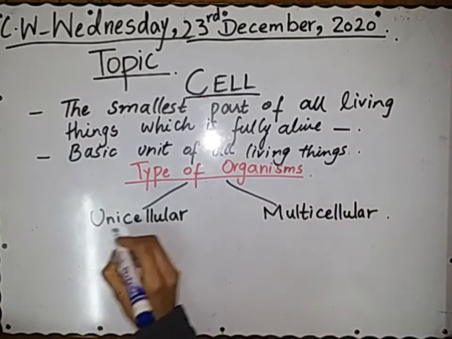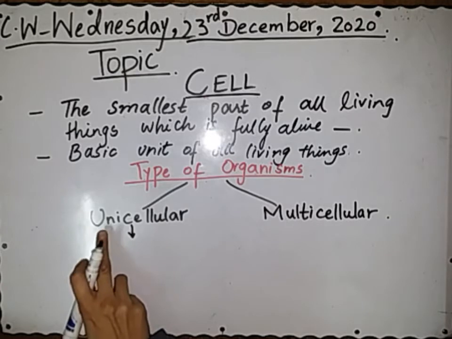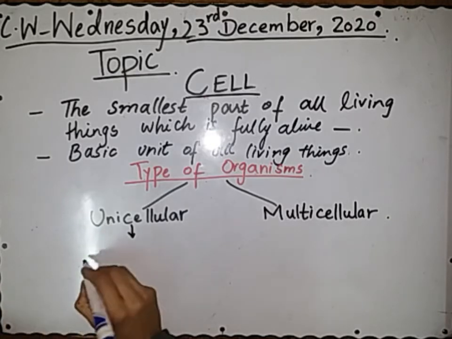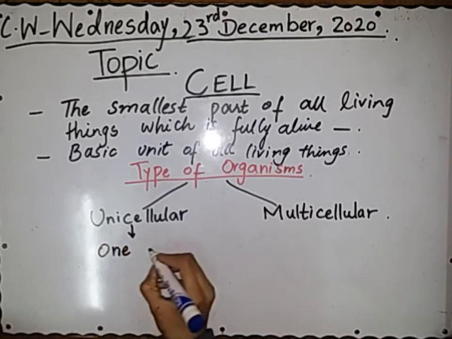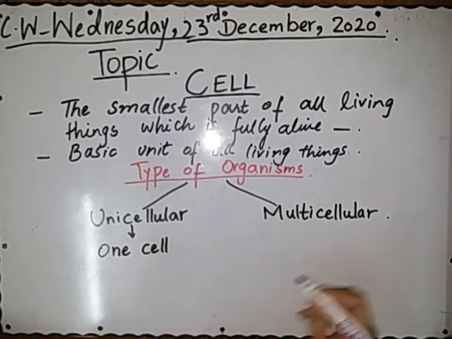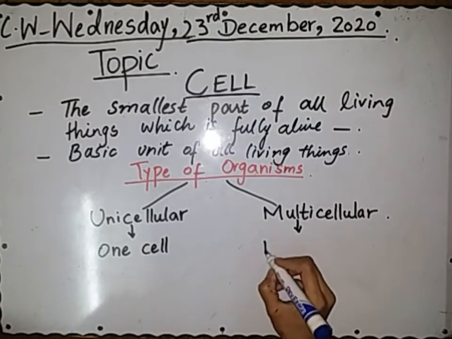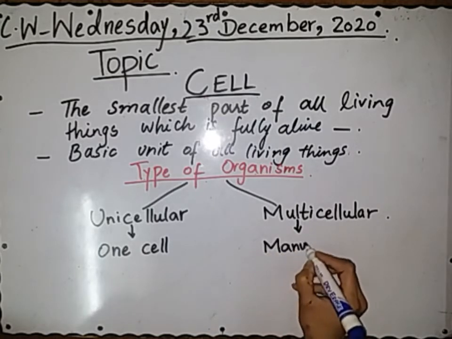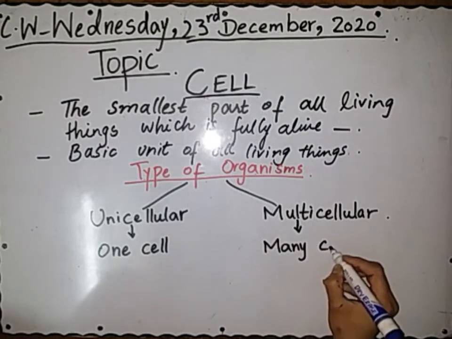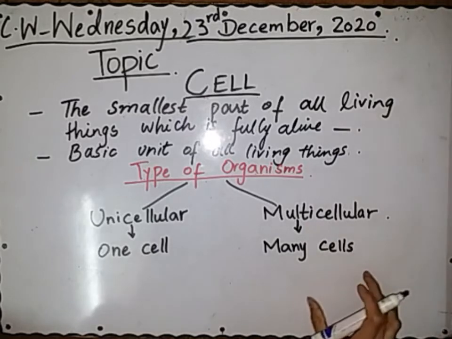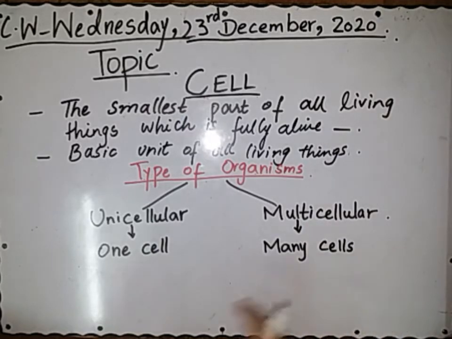As the name indicates, uni means one. So the organism consisting of one cell is known as a unicellular organism, and multi means many. So organisms consisting of many cells are known as multicellular organisms.